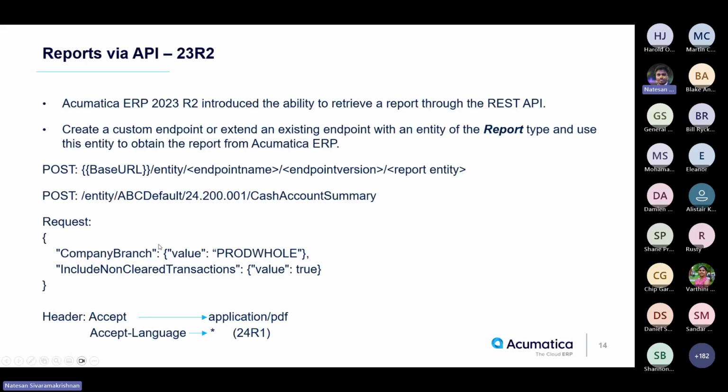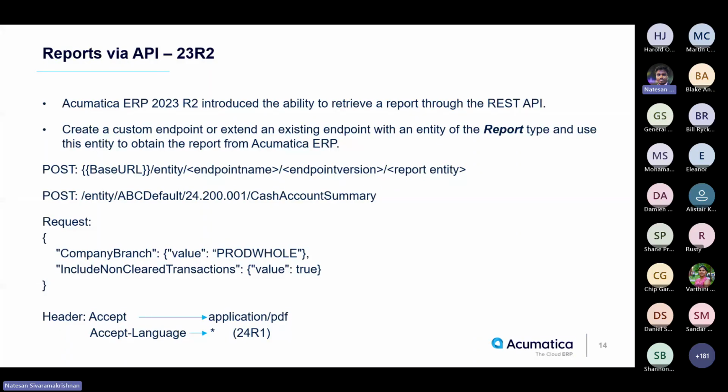So after the basics about the REST API calls and the OAuth authentication setup, today we can see some of the less known or used features that are available to access using the API. One such feature is that we can retrieve reports through the REST API, which was introduced in 23R2.